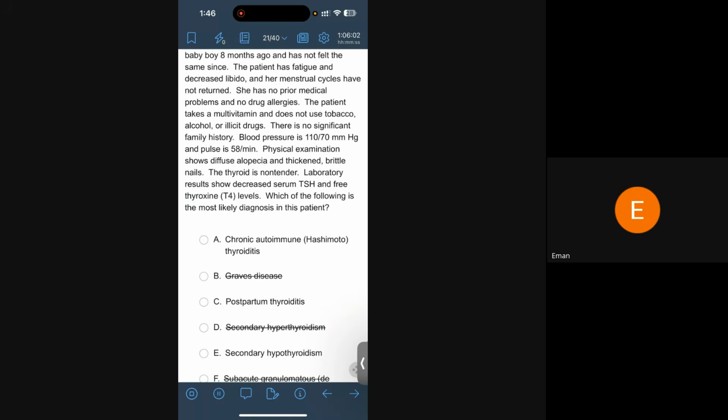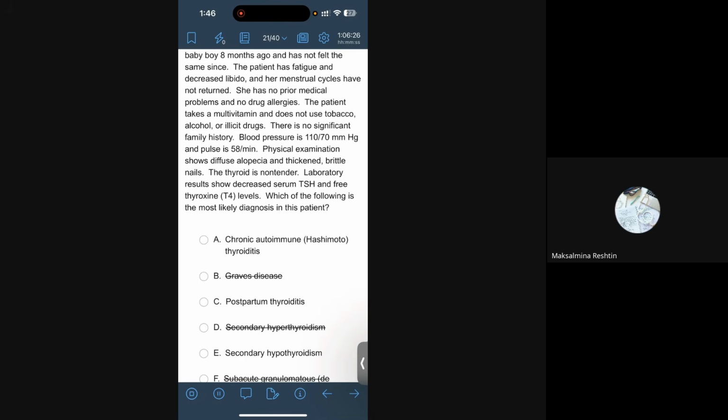Serum TSH is decreased. If we are seeing hypothyroidism due to Hashimoto thyroiditis or postpartum thyroiditis, then what will happen to the TSH levels?